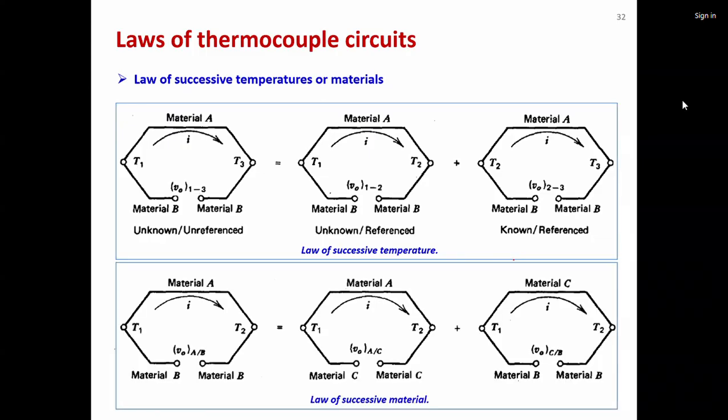There is also law of successive material. Law of successive material tells you that if I have material A and material B, with the temperatures always fixed, T1, T2, whatever output I get here will be the sum of if I have material A and material C and material C and material B. Okay, so the output when you have A, B will be equal to V output AC plus V output CB.